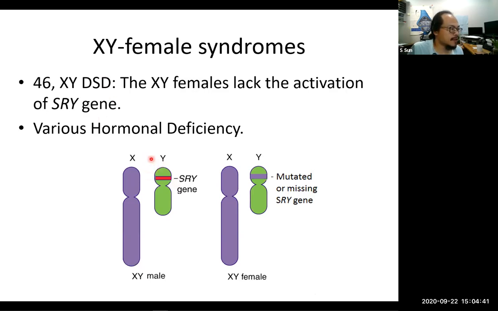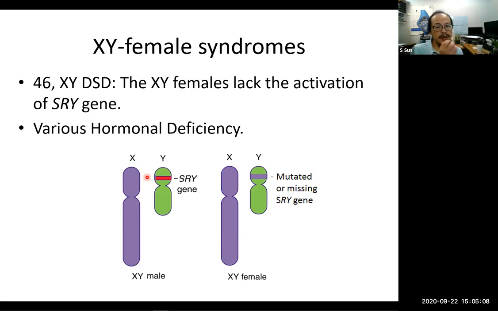So we still have the XY, like supposed to be a male, and the other hormone can, as I mentioned before, throughout the entire process, we need the sufficient testosterone and the DHT to develop internal and external male sex structure.